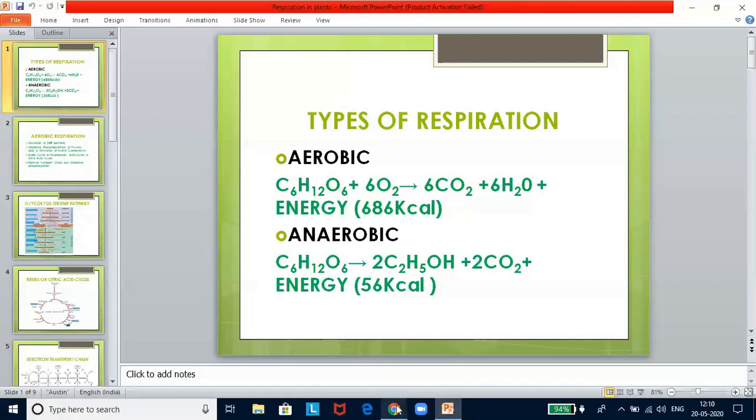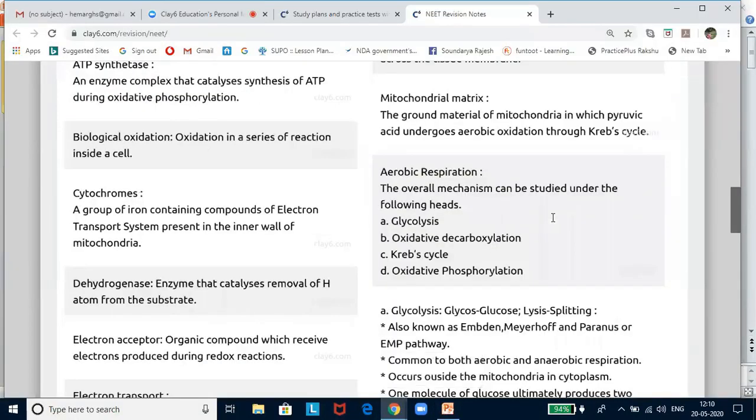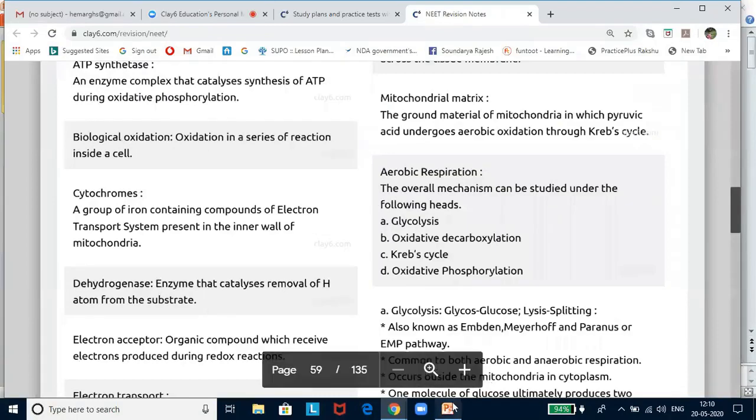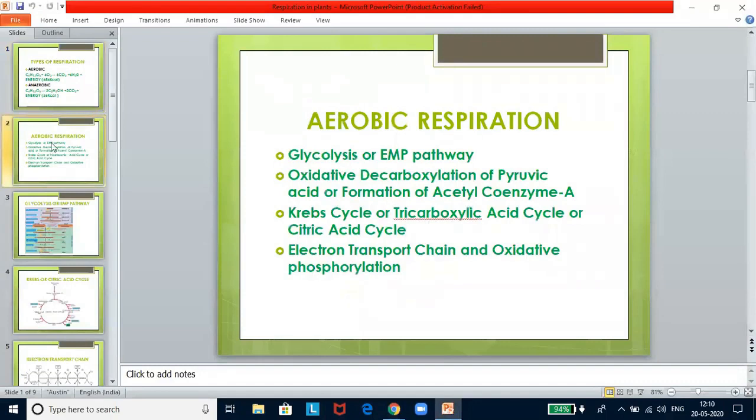Now, let us look into details of aerobic respiration. You know that the overall mechanism of aerobic respiration is divided into 4 steps. One is the glycolysis pathway.